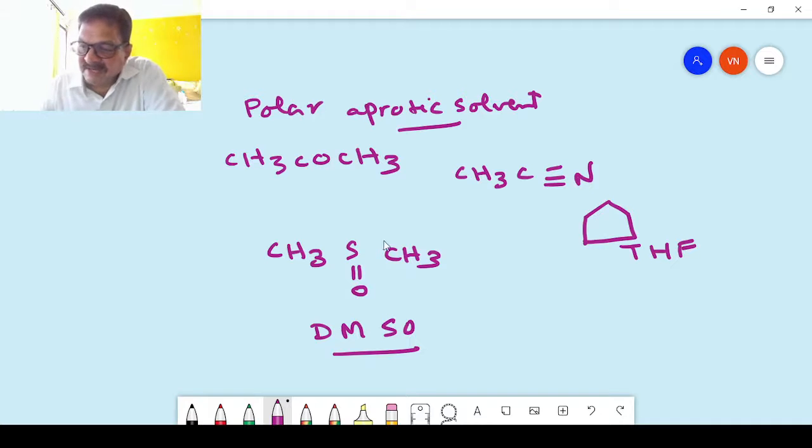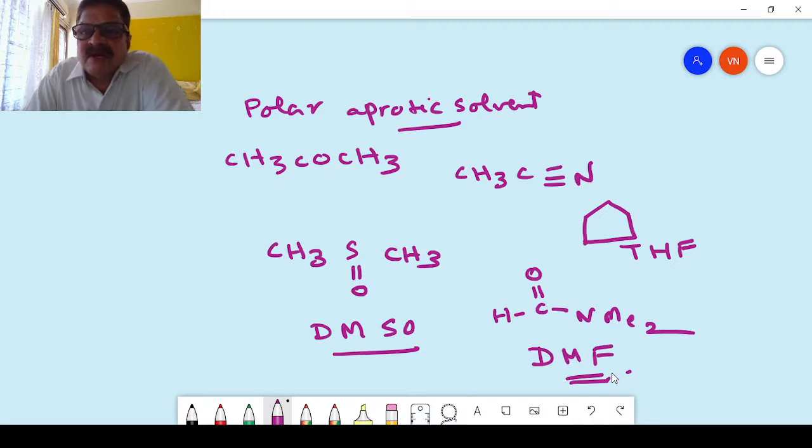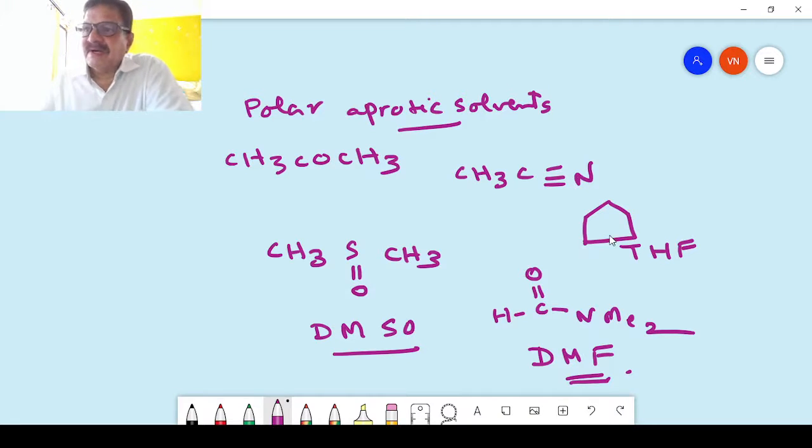Then we can have dimethyl formamide, DMF. These are all polar aprotic solvents: acetone, acetonitrile, THF, all these kinds of things.